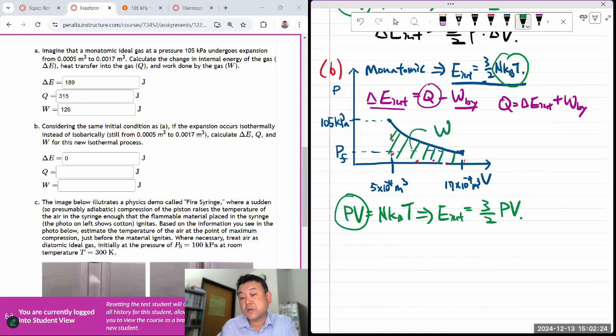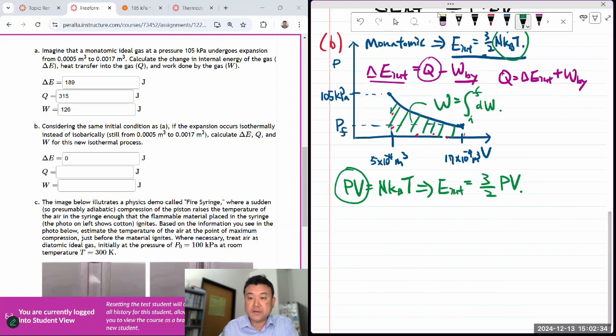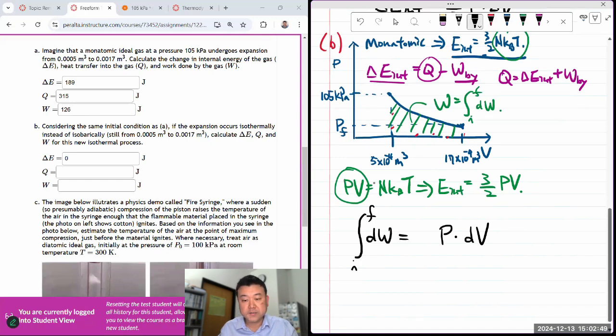The work done here is going to be the integral from initial to final of the infinitesimal work done. So let me write that out. I have an infinitesimal amount of work done, which is going to be at a given pressure times the infinitesimal volume change. And I'm going to integrate this from the initial state to the final state.